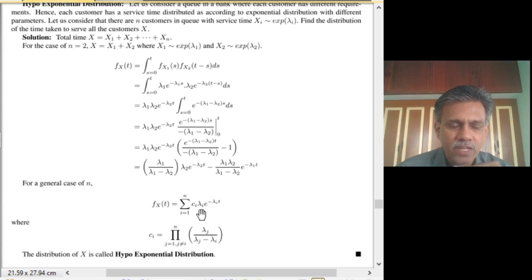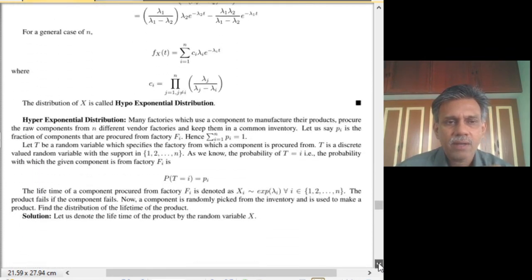The coefficient for the ith one will be such that it is lambda j by lambda j minus lambda i, okay. So for x2, we have got lambda 1 by lambda 1 minus lambda 2. If there were 3, then there will be lambda 3 by lambda 3 minus lambda 2. All will be present multiplied by lambda 2 e power of minus lambda 2 t. So that is how we have got this one. So the distribution of x is called the hypo-exponential distribution.